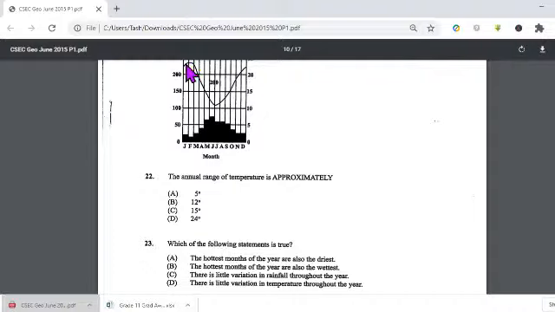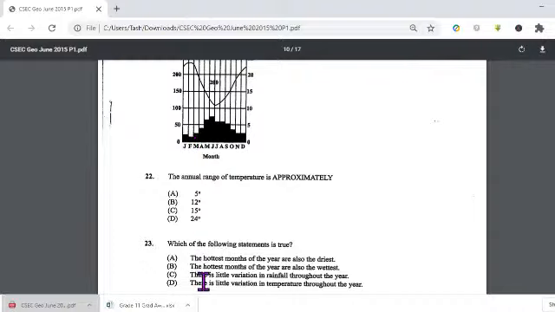So the hottest months would have been the ones with the highest temperature. So we're looking at January, February area there, March. It says hottest months of the year are also the driest. So that is suggesting that the months that are hot would have less rainfall.